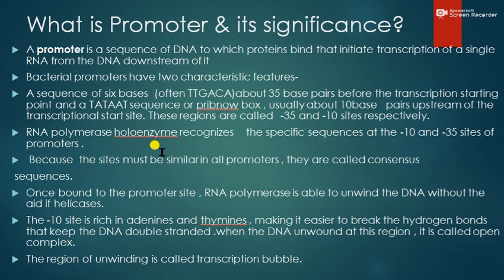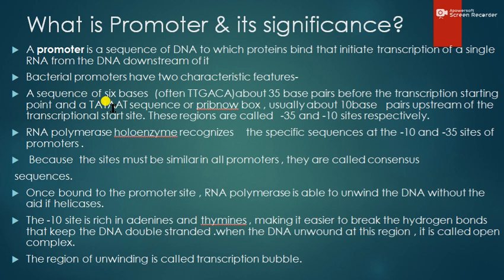And what is this promoter and what is its significance? A promoter is a sequence of DNA to which proteins bind and that will initiate the transcription of a single RNA from the DNA downstream of it. In bacteria, the promoter sequence has two sequences which are very important.